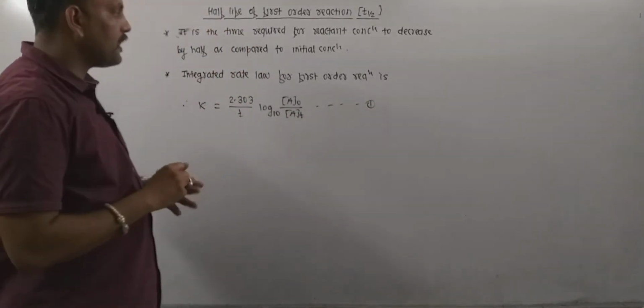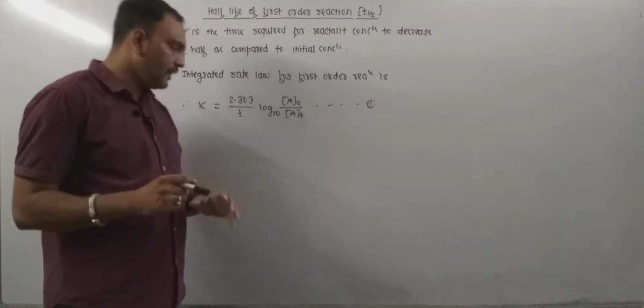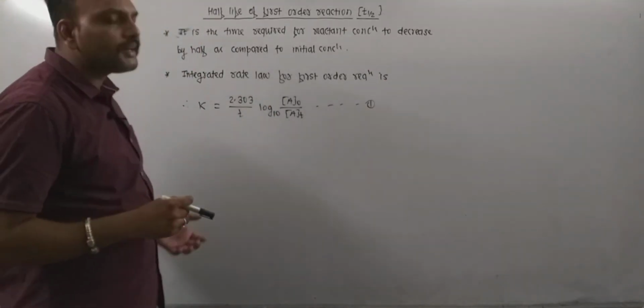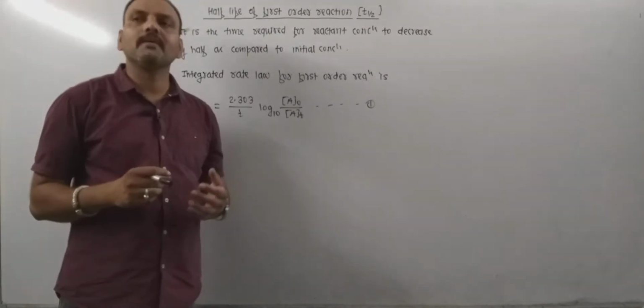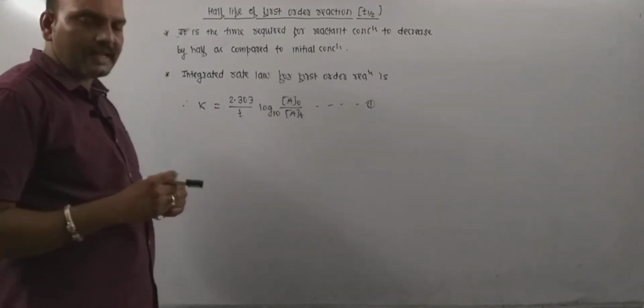Remember, concentration of A naught is the initial concentration of reactant and concentration of A t is the concentration of reactant after an interval of time t.